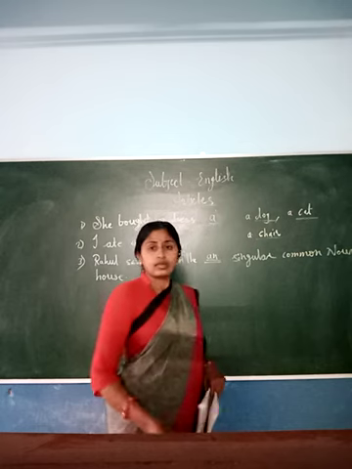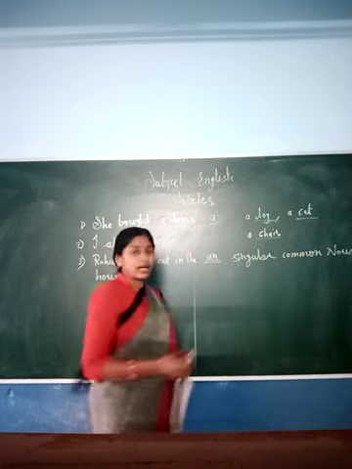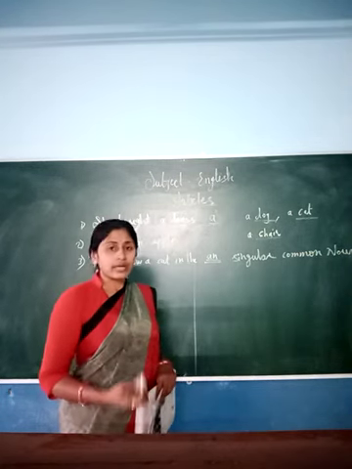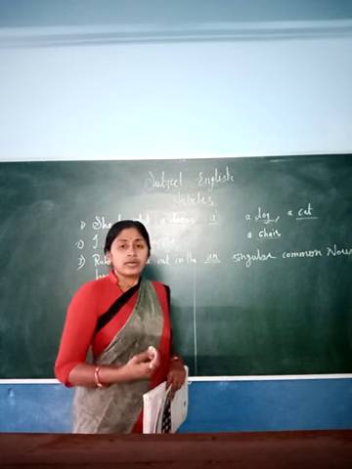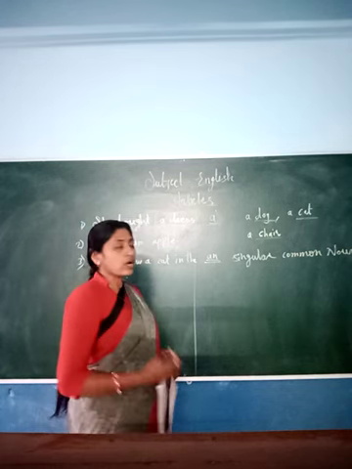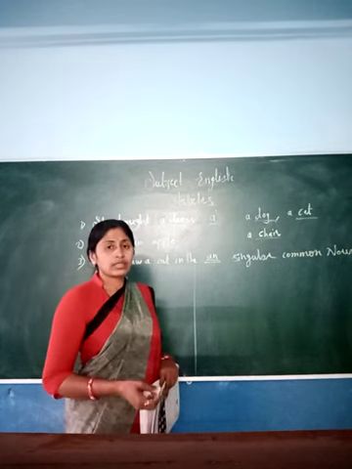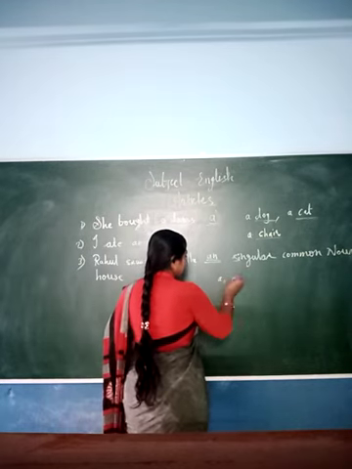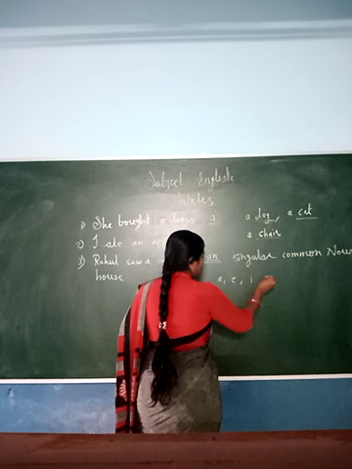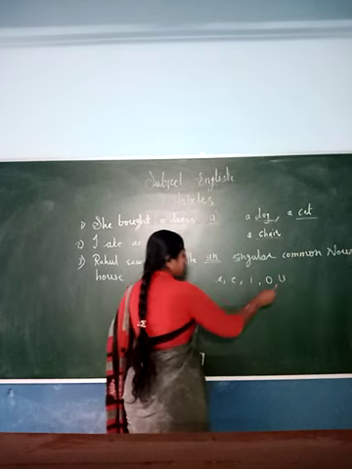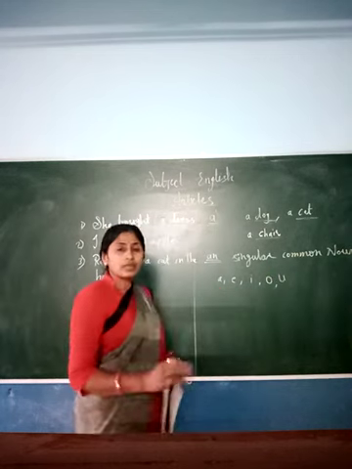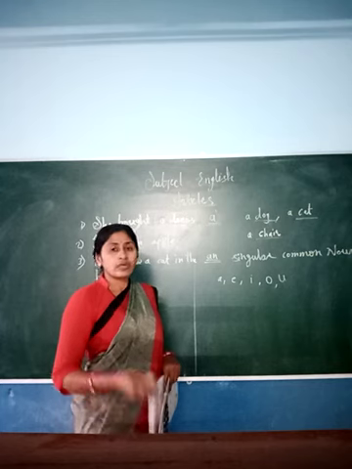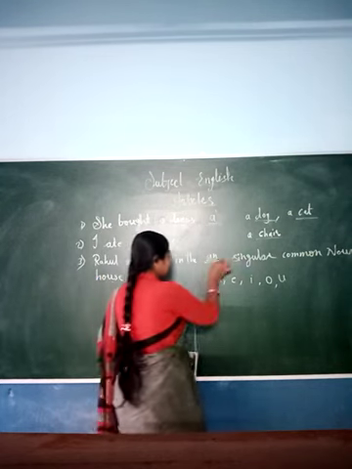And we have to use an before the singular common noun, as well as when the vowel sound is pronounced. Which are the vowels? A, E, I, O, U. These are the vowels. If the vowel sound is pronounced, we have to use an.